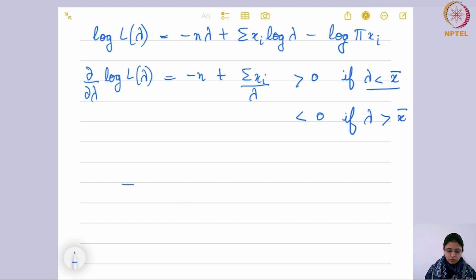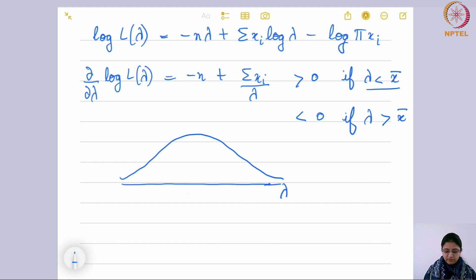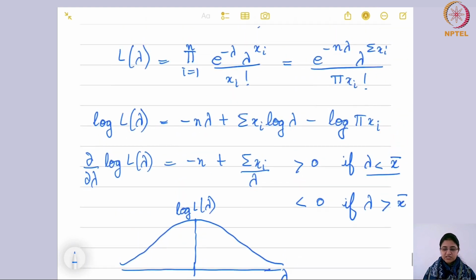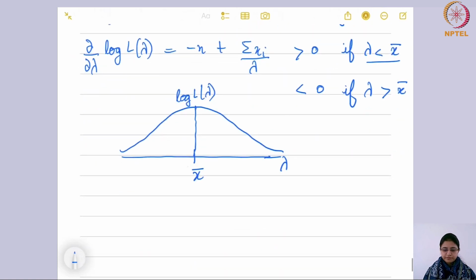If you want to plot it, this is lambda and this is the log likelihood, log of L of lambda. Somewhere here you have your sample mean. Now what you have in your question is that lambda is less than or equal to 4.